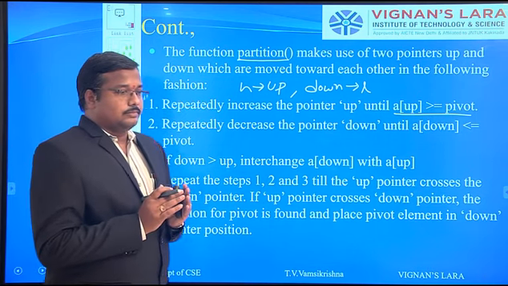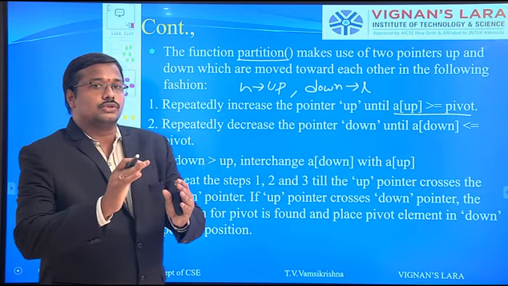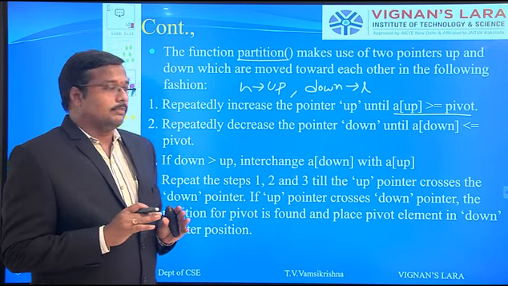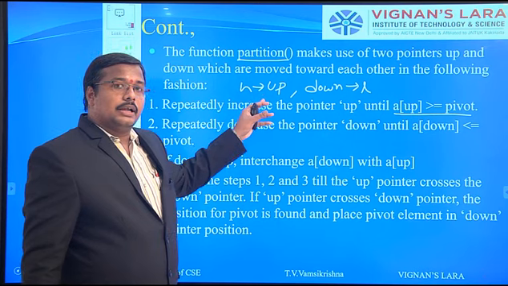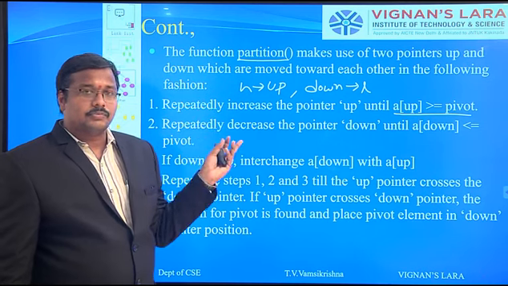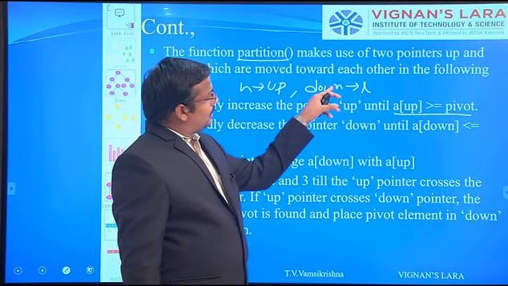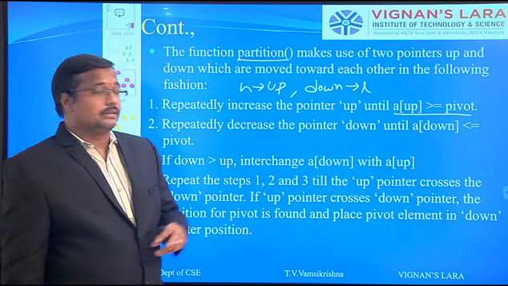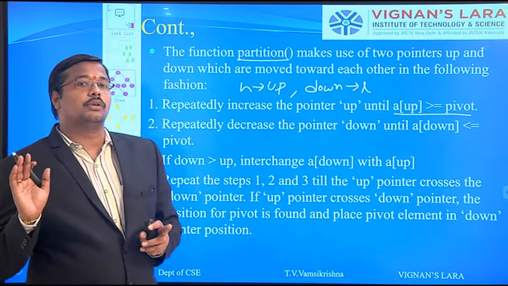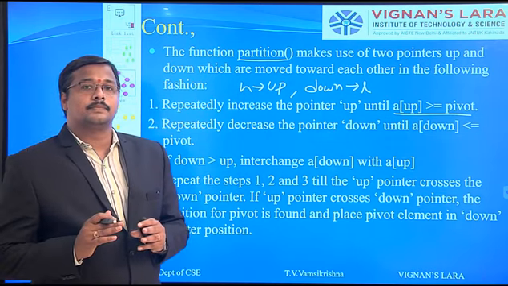The process starts with either the first element or the last element, or we can randomly choose one element as the pivot. The up pointed element should be greater than the pivot, otherwise the loop breaks. Similarly, the down pointed element should be lesser than the pivot, otherwise the loop breaks.